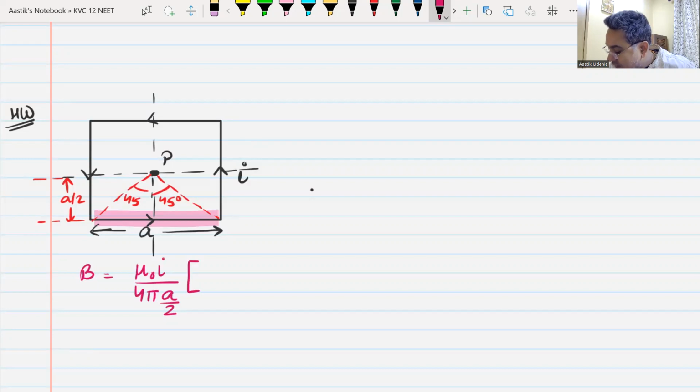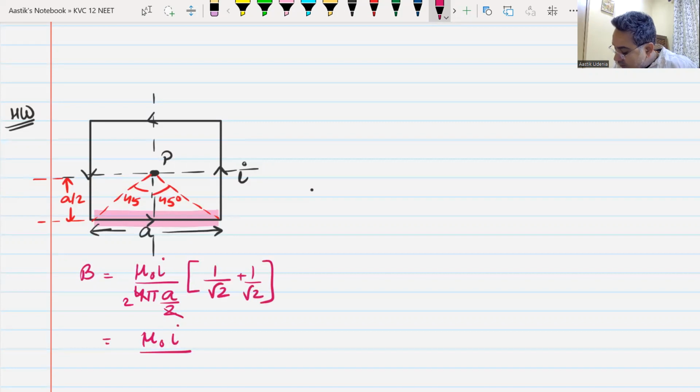Into sine theta 1 is 45 plus sine theta 2, that is also 45. So if I solve this, I will get mu naught I by 2 root 2 pi a.